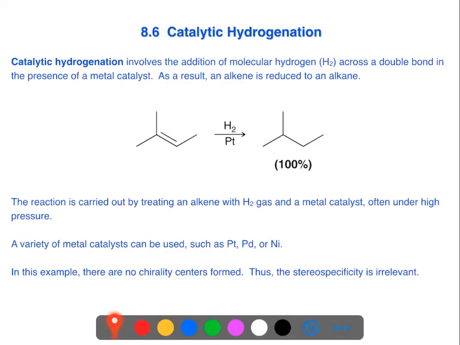Platinum is common, palladium is common, and so is nickel. In this particular example, we don't see any chiral centers being formed as a result of this hydrogenation, and so stereospecificity is irrelevant. But we'll see an example where stereochemical products are produced.